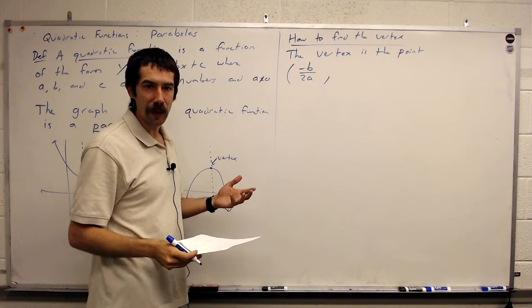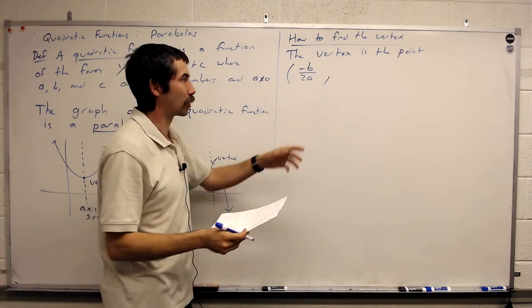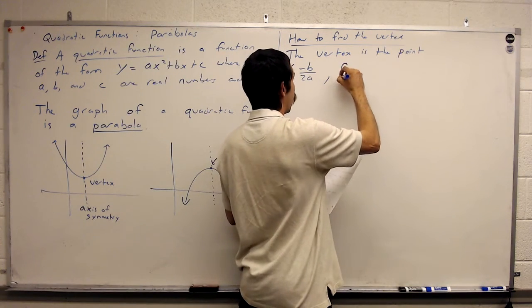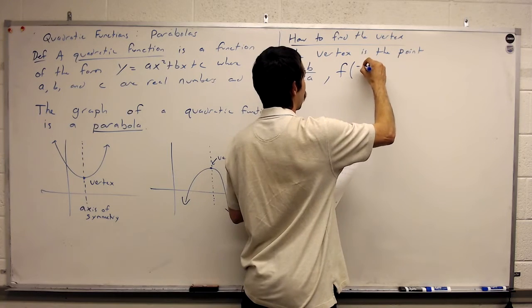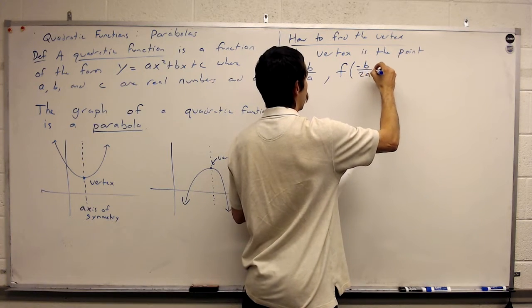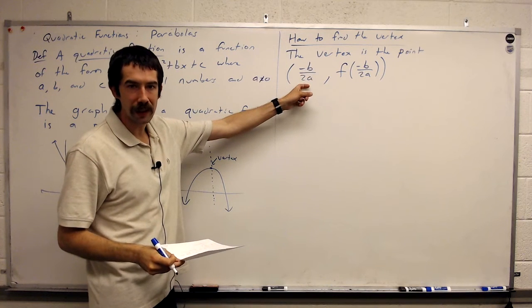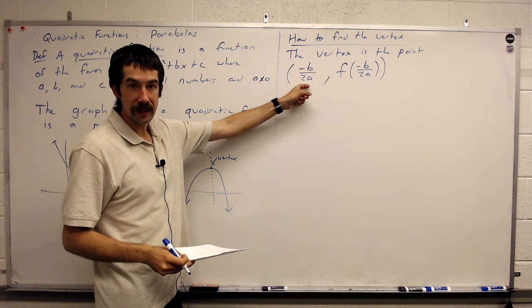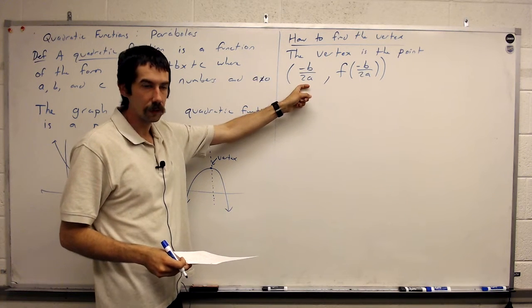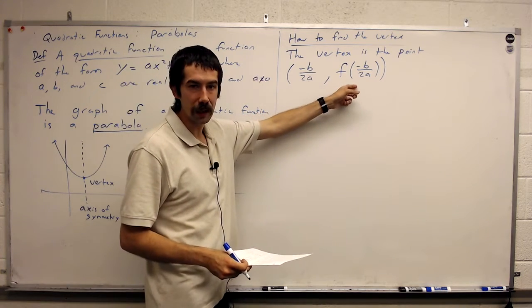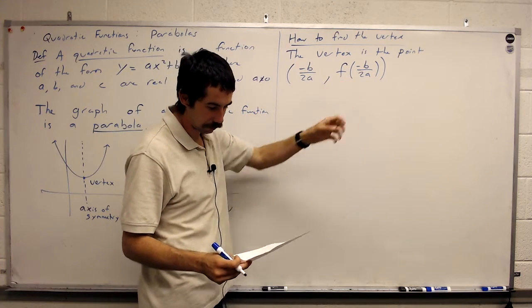And then the y component is what you get when you sub this in for x. So I'm going to write that as f of, so the function evaluated at negative b over 2a. All right, so our x component is negative b over 2a. And then you just plug it into the function to figure out what the y component is.